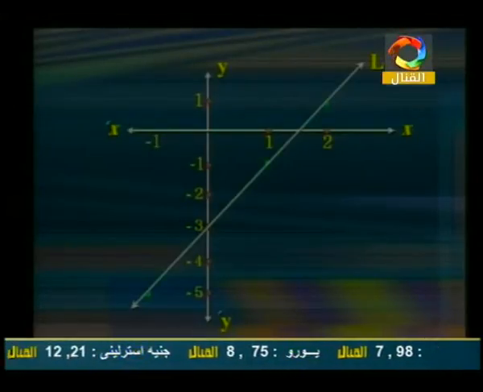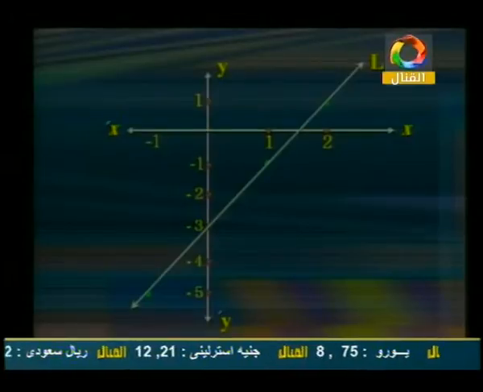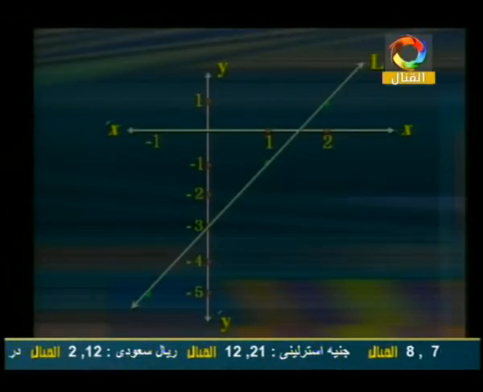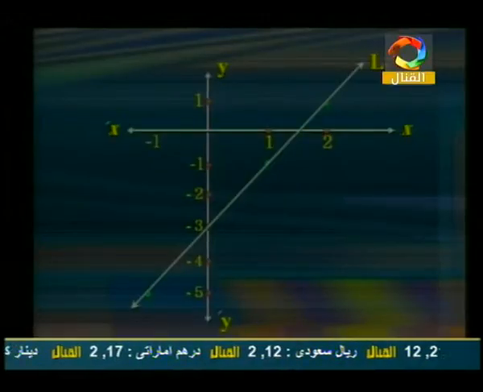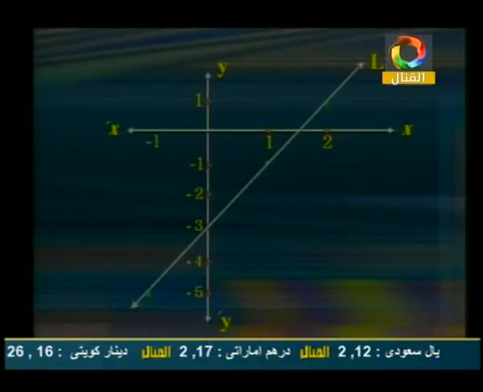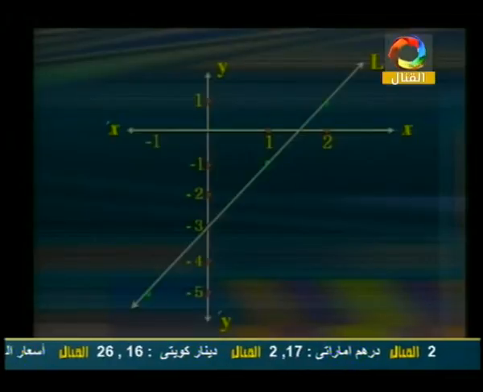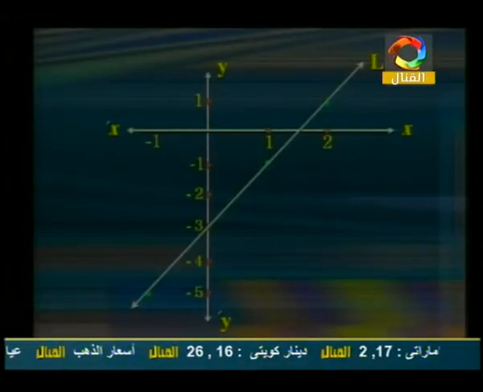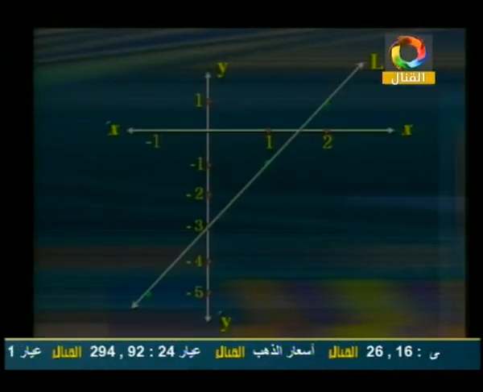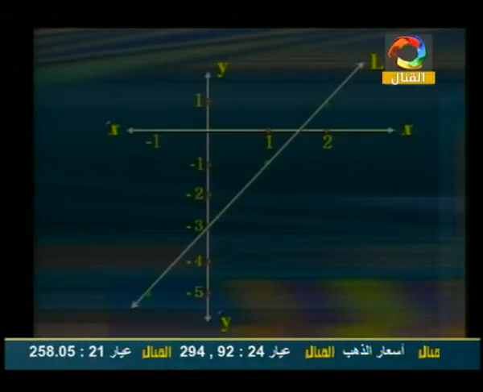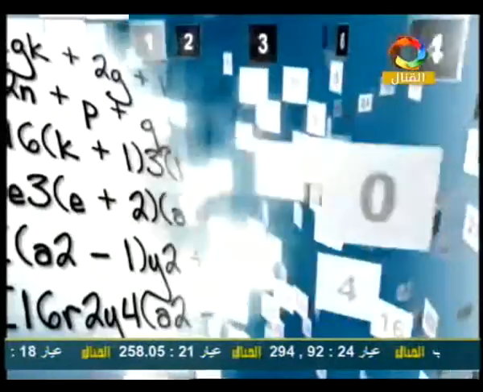Look at the straight line. This straight line L cuts the x-axis at a half, between the points 1 and 2, and cuts the y-axis at the point negative 3.